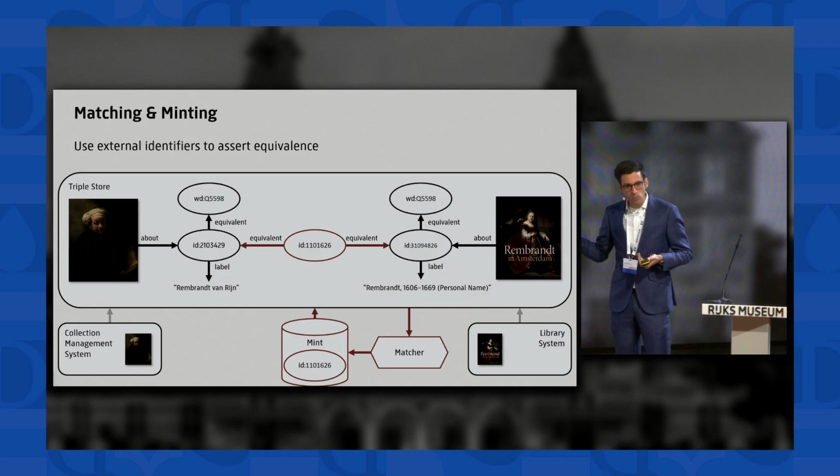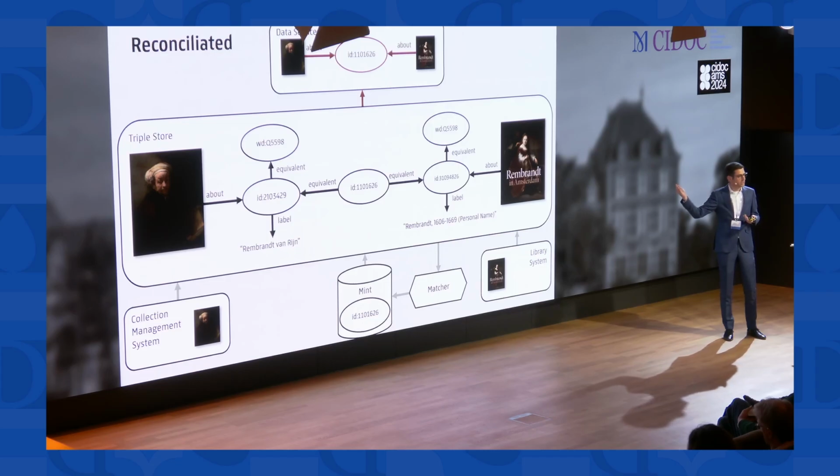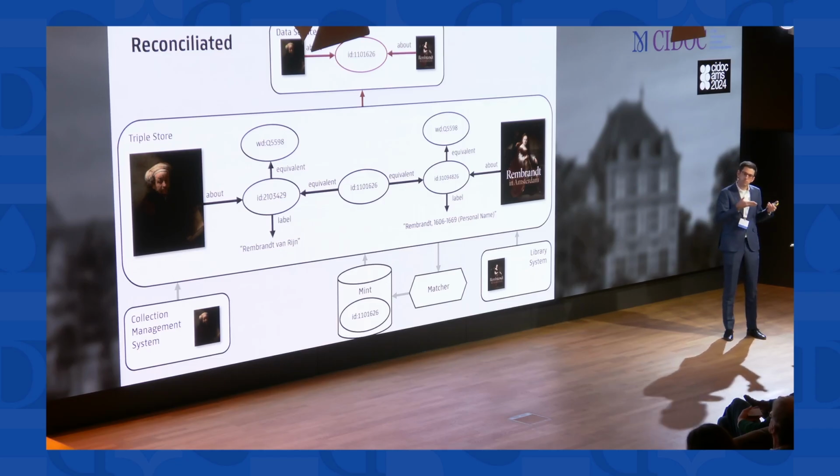At the moment that we know that, we mint a new identifier for the museum representation of Rembrandt. And if we use it in the data services, people can access that identifier directly to have the books about Rembrandt and the artworks by Rembrandt.